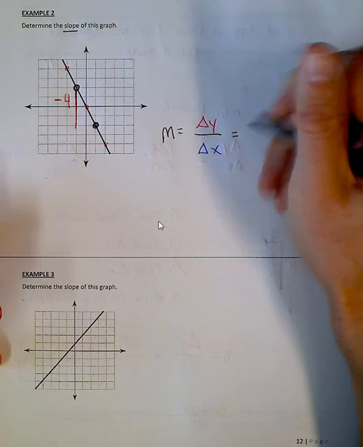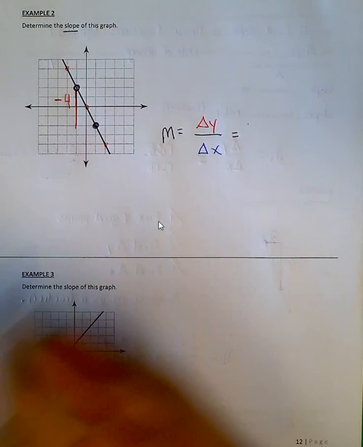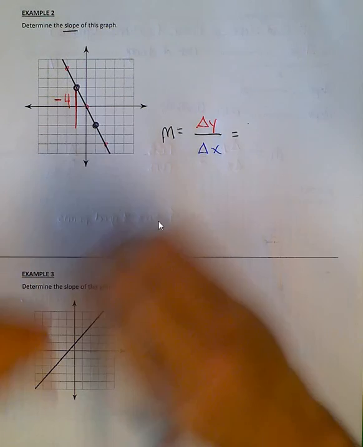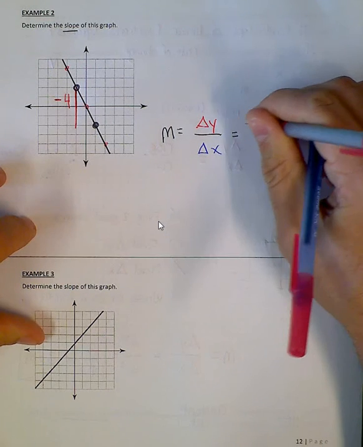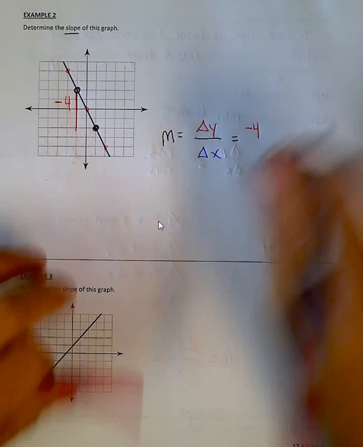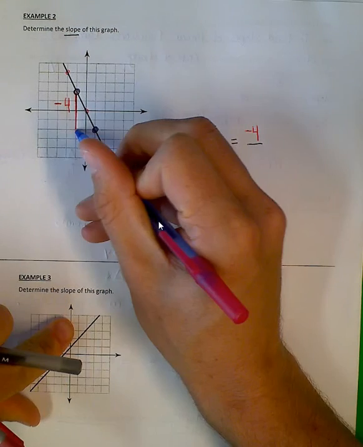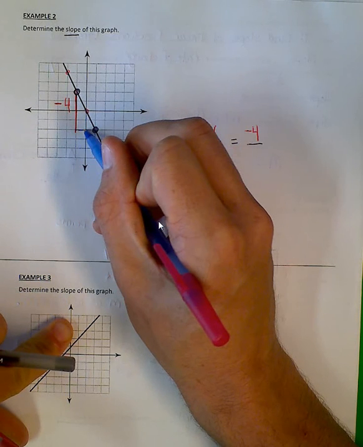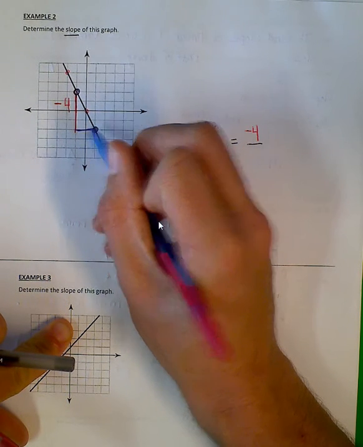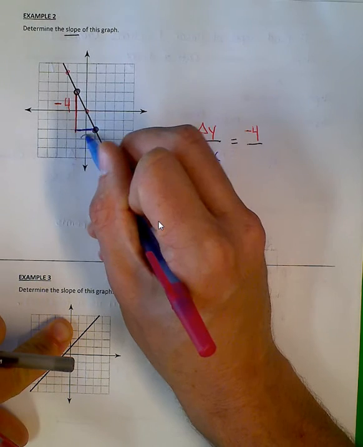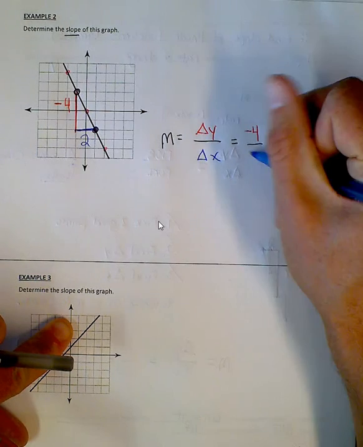Y is changing by -4, so the change in y is -4. My change in x, well, let's calculate that. We move over 1 space, 2 spaces in a positive direction from left to right. So that's 2 spaces, positive.